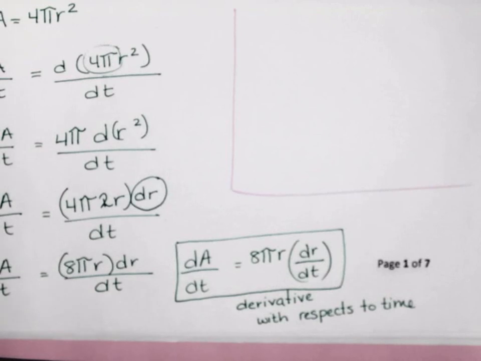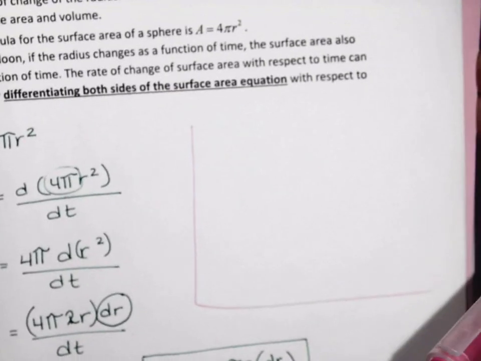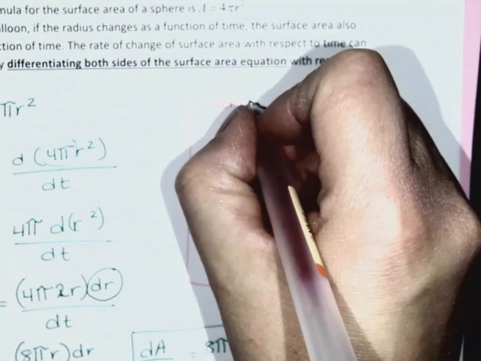It would have been so much easier if we differentiated with respect to radius, because radius is the variable that's in the equation. So that would have been nice and easy to deal with, but alas, we don't like easy, because that's not who we are.